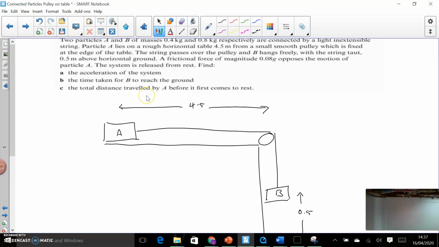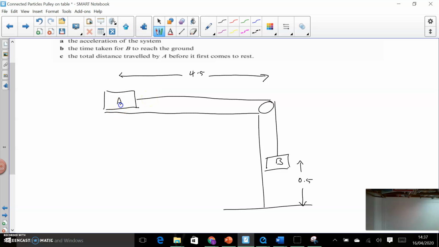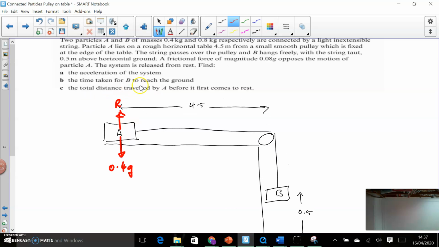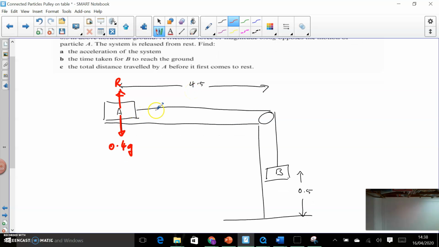The mass of A is 0.4, so the weight of A will be 0.4 g, and opposing that, of course, is a reaction, R. There is a friction force acting on A because it's a rough table, which is 0.08 g. A will move to the right, and so the friction force is to the left, 0.08 g. And of course there is a tension in the string, T.